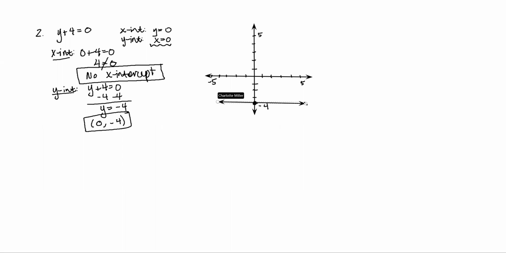Because what this equation is telling us is that y is always equal to -4. If we picked a point, let's say over here, x is 4, but y is still -4. Anywhere along this line, y is equal to -4. So that's what this type of equation is going to give us. When you only have a y, you're going to get a horizontal line.